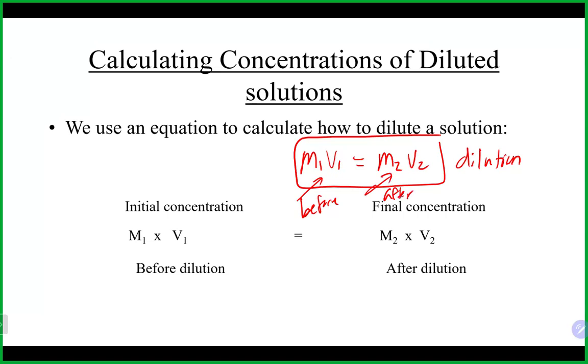Now, earlier we talked about if you do a calculation with molarity and volume, you should always make sure that the volume's in liters. The one exception is in this equation. You can leave it in milliliters on both sides, and it will work out okay if you want to.